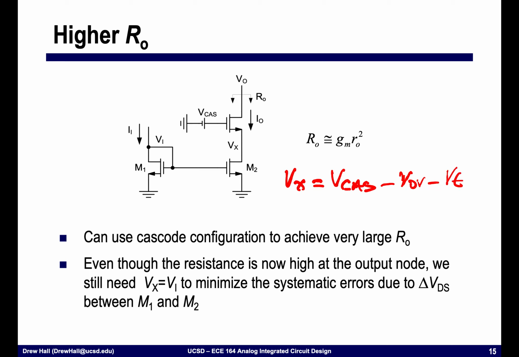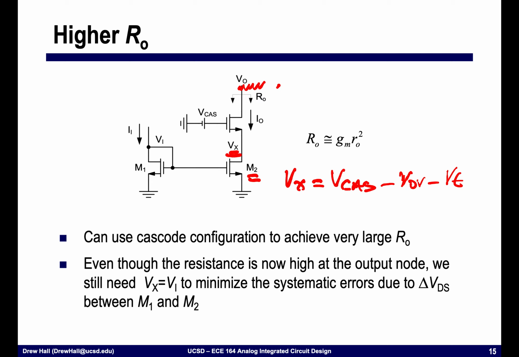Okay, and so importantly, when the output node Vout is moving around, it's not changing Vx. Okay, and so Vx in this case can stay relatively independent of the output voltage, thus protecting this transistor M2 from seeing these perturbations. Okay?